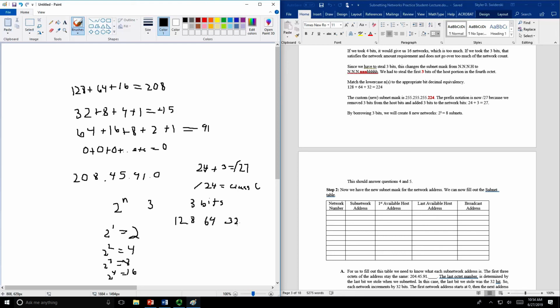When added together, we get 224. That's the decimal equivalent. So our new subnet mask would be 255.255.255.224, because again, we were borrowing bits from the host section.